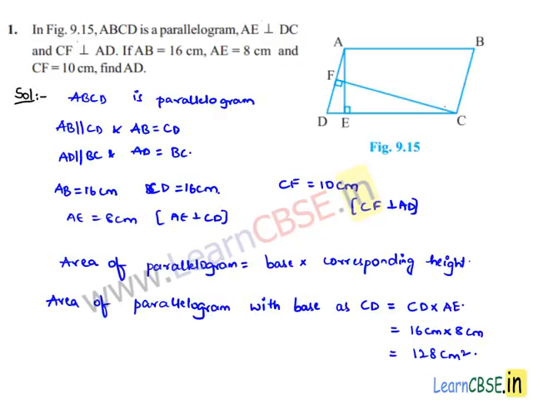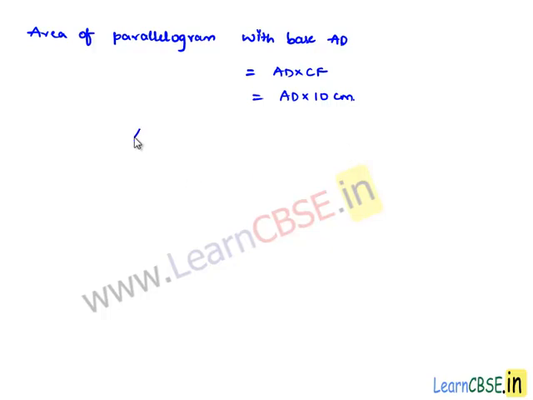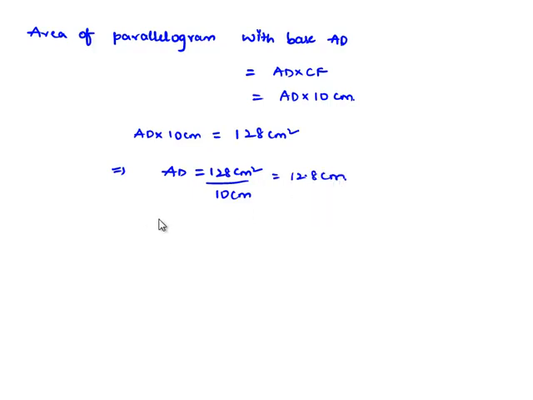Area obtained in both the cases must be equal since it is the area of the common parallelogram ABCD, that is AD into 10 centimeters is equal to 128 centimeters square, which implies AD is equal to 128 centimeters square by 10 centimeters, which will be equal to 12.8 centimeters. Therefore, the length of side AD is 12.8 centimeters.